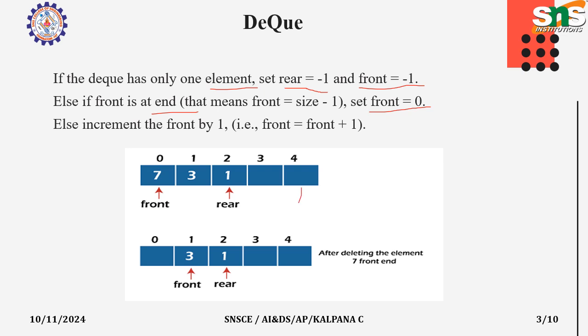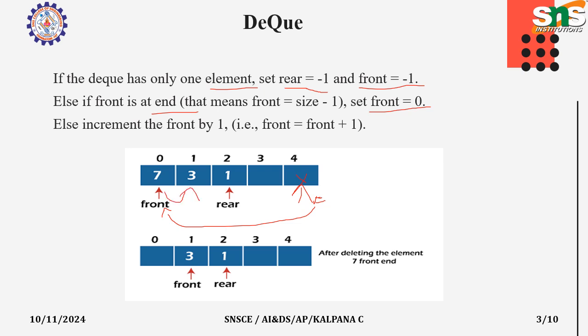So if my front pointer is here, then after I delete the item in this position, obviously I have to make my front equal to 0. Or else, if my front is somewhere here, I have to increment my pointer by 1.